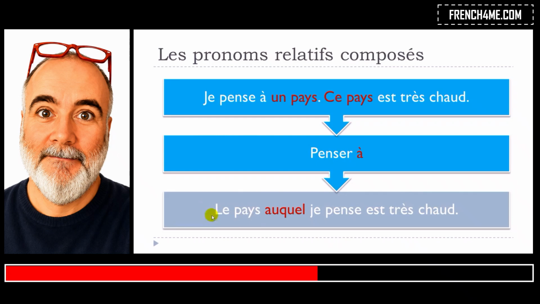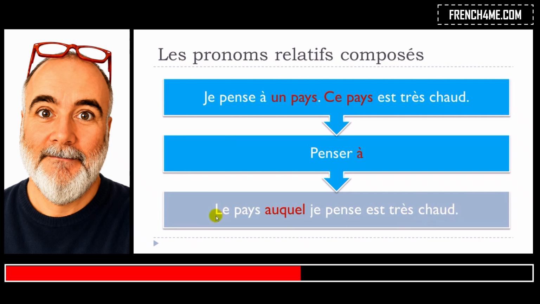So we first place le pays, then remember à combined with lequel becomes auquel. You put auquel here, then you just continue your sentence, so you put back your je pense, and finally you put est très chaud to end.